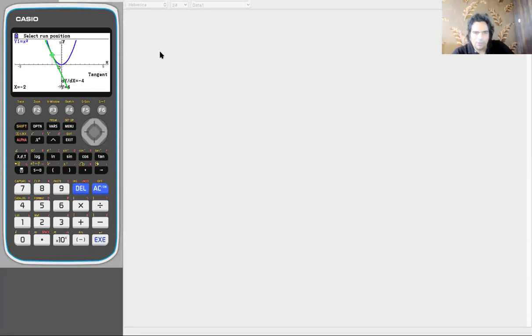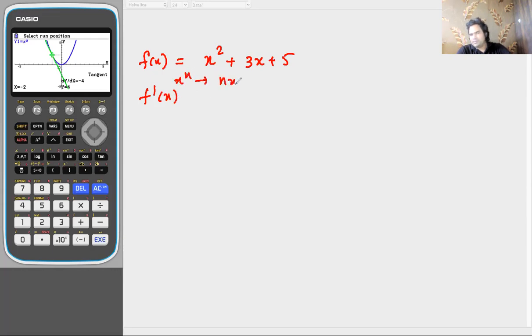Now let's take a question similar to the previous example and see how your answer came about. Let's say we had x squared plus 3x plus 5. This was the question we just did. Now if I apply this formula, if you have x to the power n, the derivative is n x to the power n minus 1.